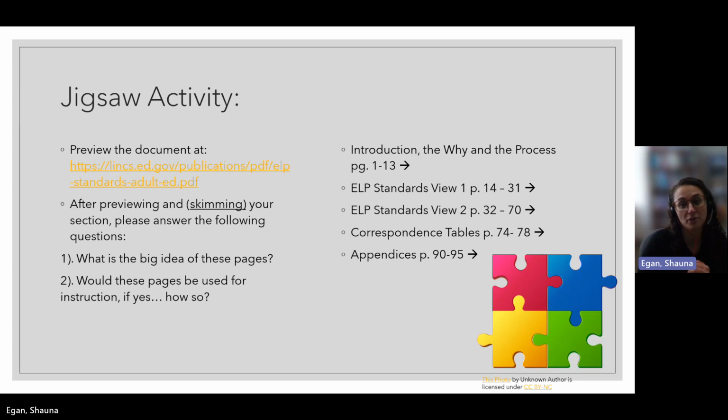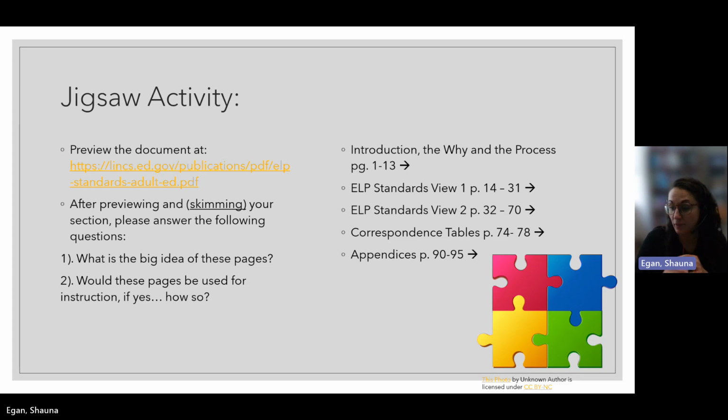Other times it might be transitioning to additional training or academic classes. So the View 2 for the ELP standards kind of bridges the gap between the ELP standards themselves and the college and career readiness standards. So I think it's really helpful to begin to make use of those.